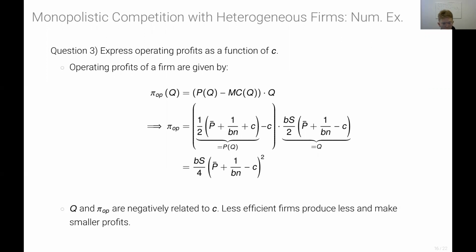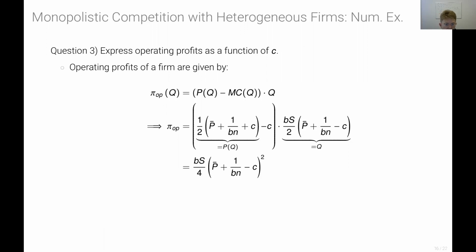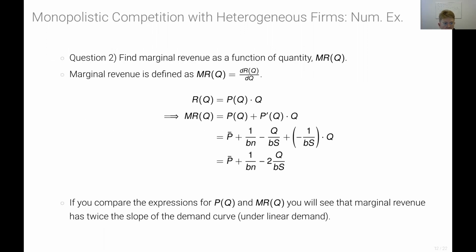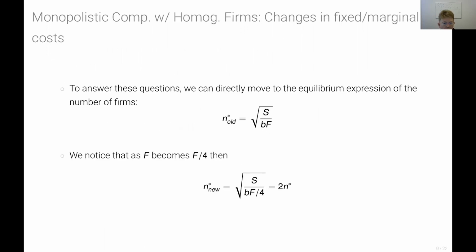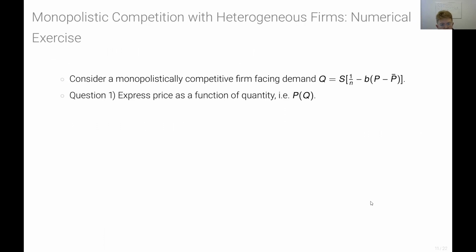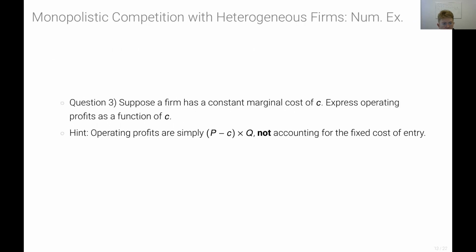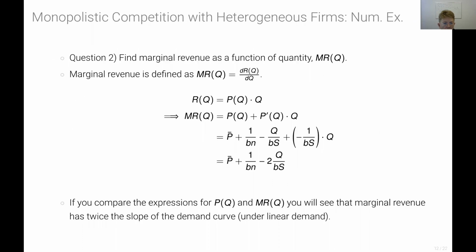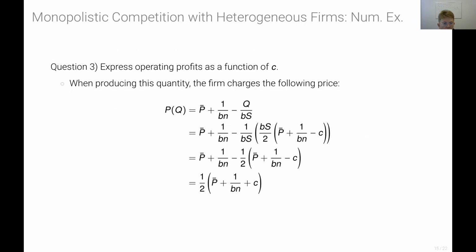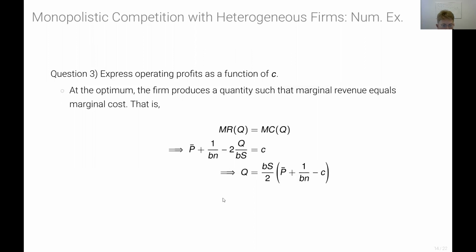Okay, and so notice that operating profits are going to be negatively related to C. So less efficient firms are going to produce less, and you can see that going back to the optimal quantity produced, note that this is decreasing as C gets higher.